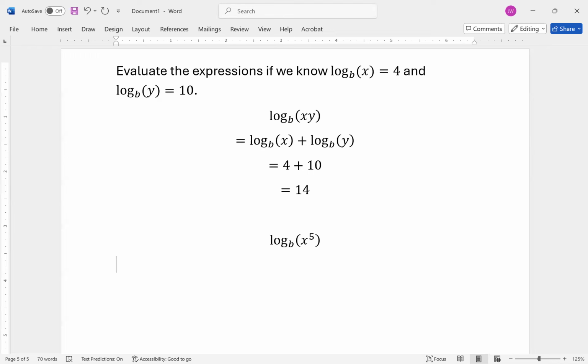Similarly, in this situation, I would say this is argument x to the fifth. I can say, using the power rule, that that is 5 times log base b of x. I know that log base b of x is the number 4, so that is 5 multiplied times 4, which is 20.